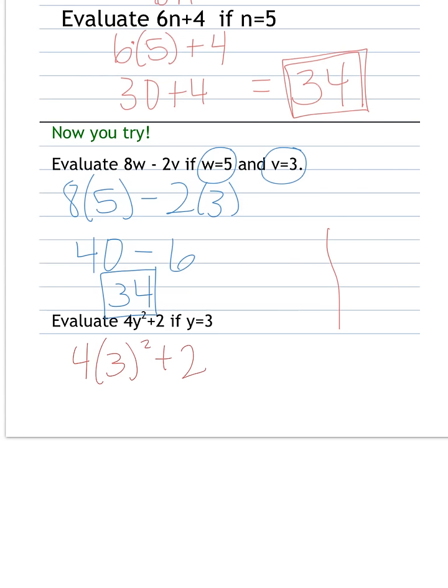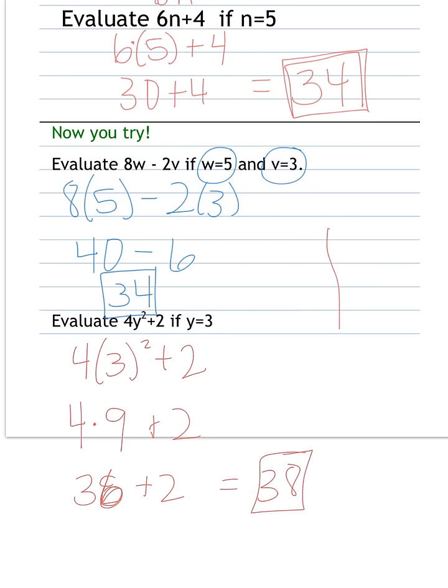So we move on to exponents. I'm going to copy down my 4. Well, 3 to the power of 2 is going to be 9 plus 2. Okay, multiplication and division. 4 times 9 equals 36. Okay, 36 plus 2 equals 38. And there is our final answer.